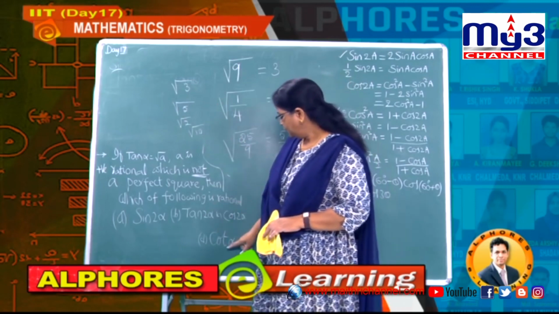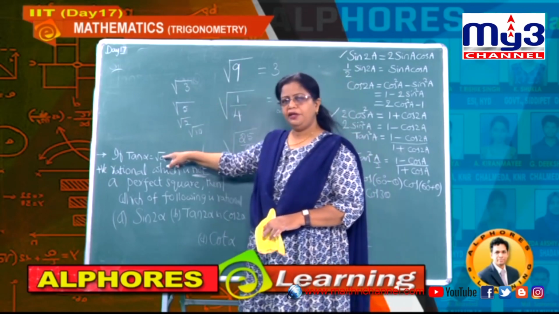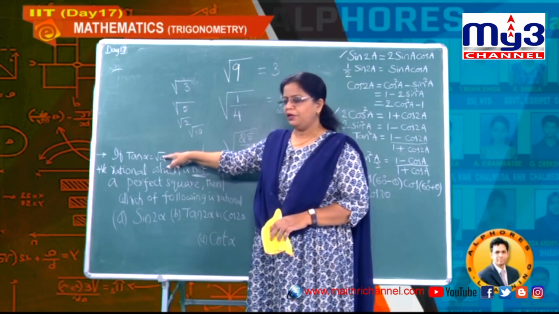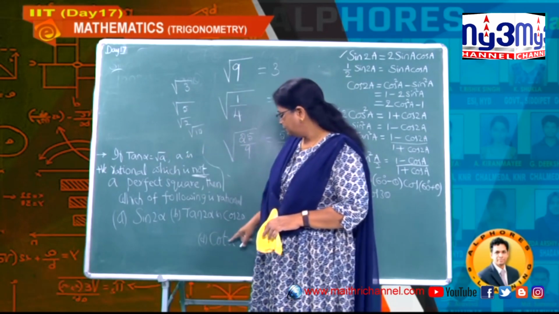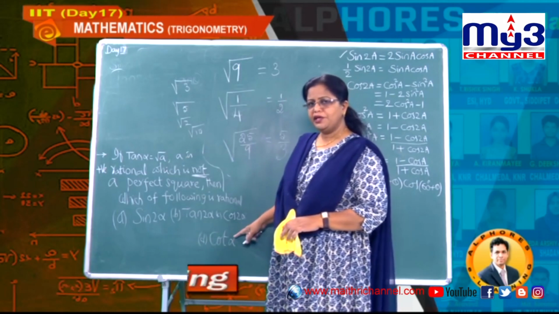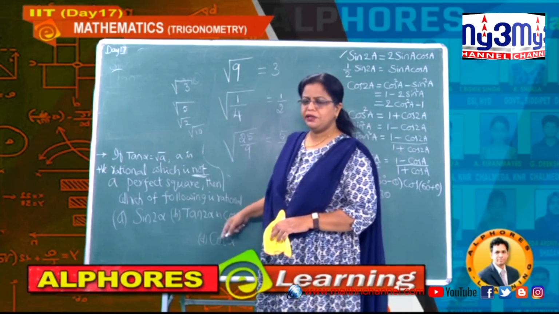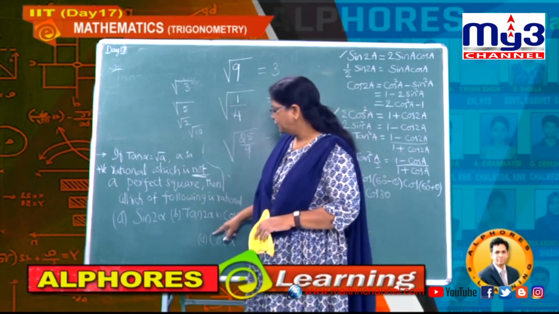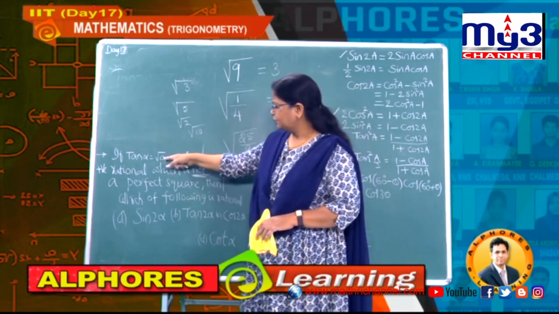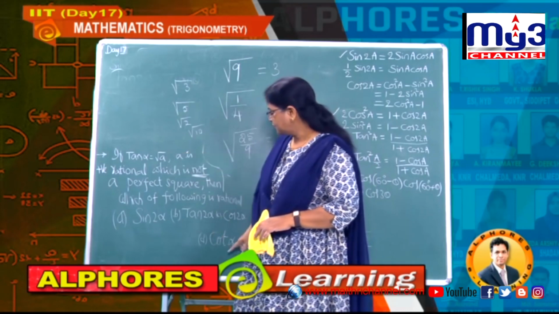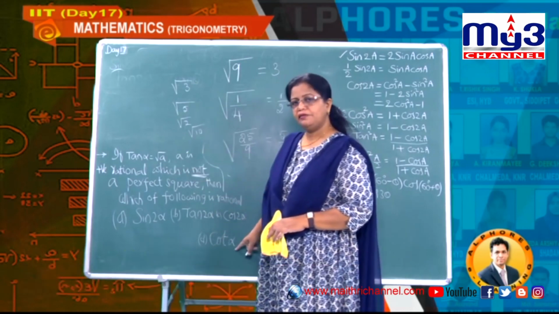Then observe, cot alpha means what is the value? Exactly the reciprocal, which is 1 by root a. 1 by root a is again what? An irrational value. Even if you do rationalization, you will get an irrational value. So 1 by root a is irrational, and hence this is not our answer.